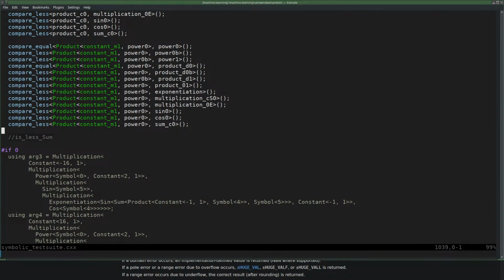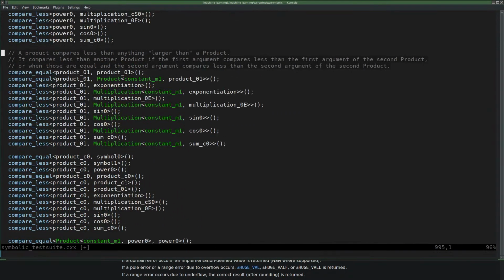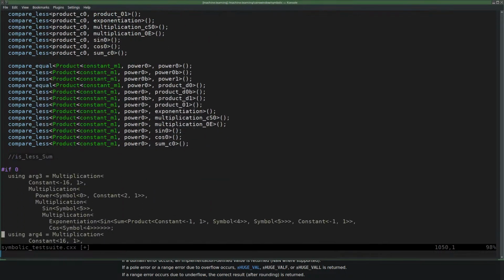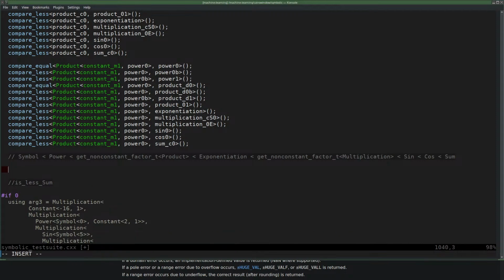Okay, then next we get whatever comes off the product. And exponentiation compares less than anything larger than differentiation.